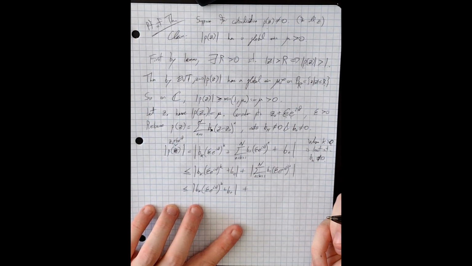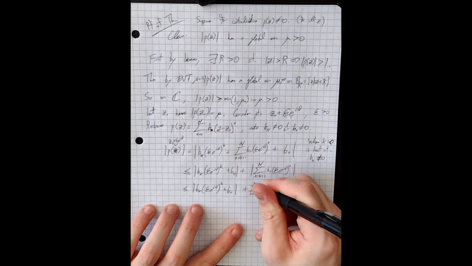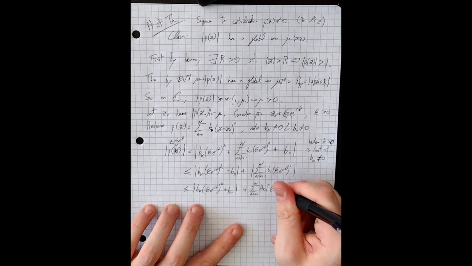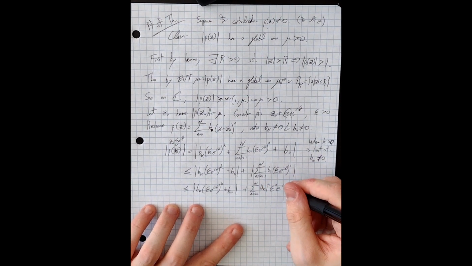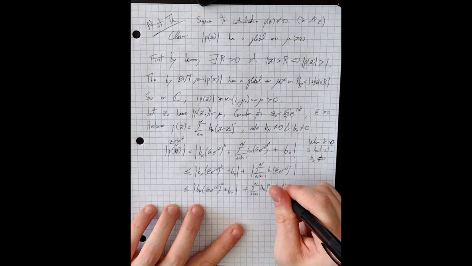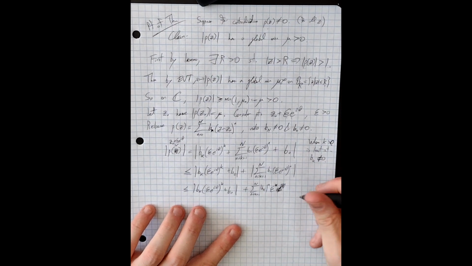So we're going to have a whole bunch of b k's to the n. We're going to have epsilon to the n and e to the i theta to the n, but that has magnitude 1. So that actually goes away in magnitude. So we just have a bunch of epsilons to the n.